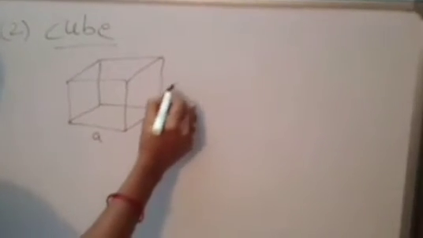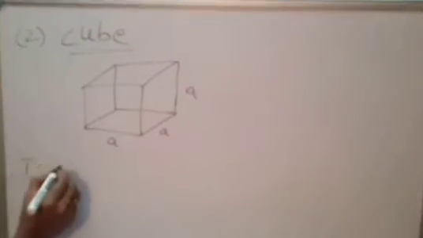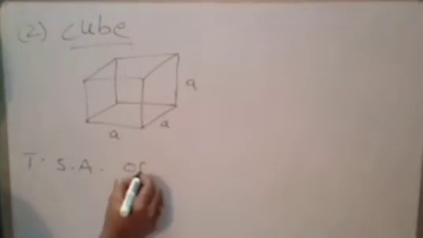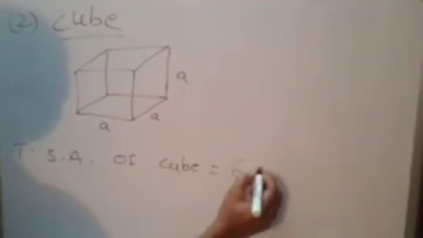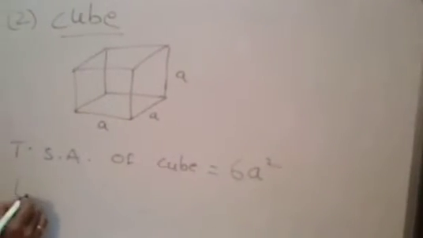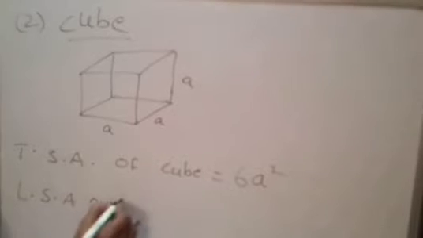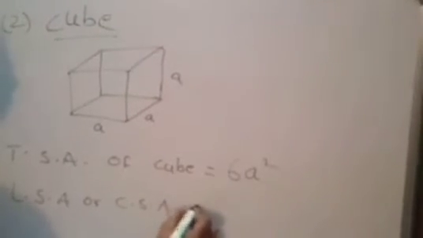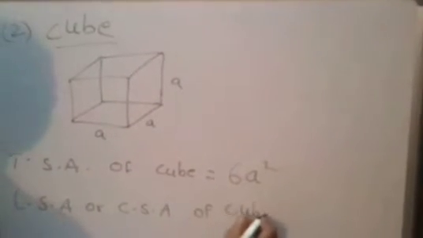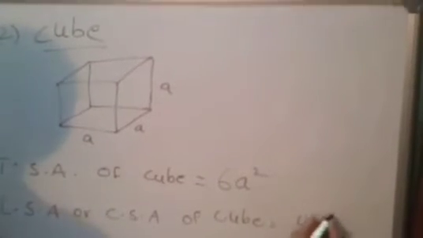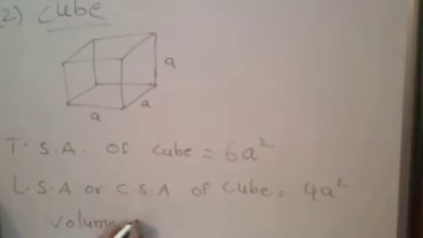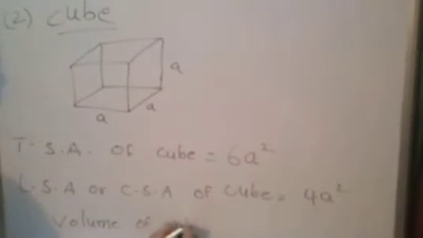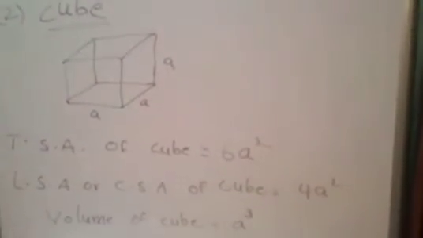Each side is A. Total surface area of cube equals 6A square, and lateral surface area or curved surface area of cube equals 4A square. Volume of cube equals A cubed.